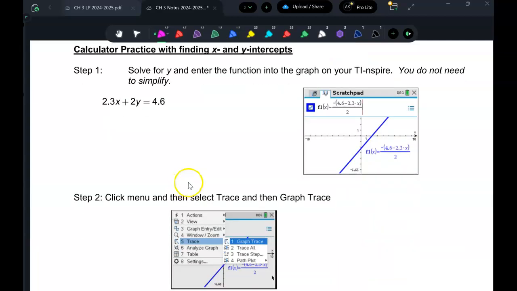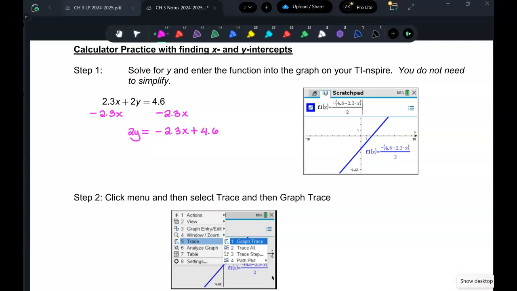All right, on the next page, do we go to graph? Okay. So what we're gonna do is on our worksheet or on our notes, we're gonna solve for y. So I'm gonna subtract 2.3x on both sides. So I have 2y.